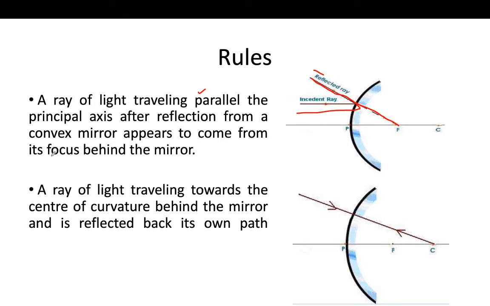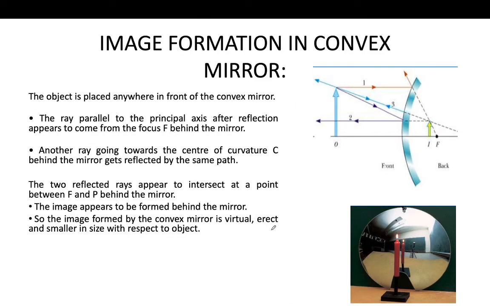The second rule is that a ray of light traveling towards the center of curvature behind the mirror is reflected back in the same direction. If the ray of light is traveling towards the center of curvature, then it will be reflected back along the same path. So these were the rules.